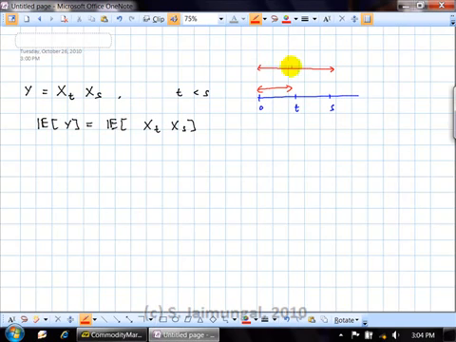Exactly. So think of x at s as built up of those two increments, from 0 to t and then t to s. It clearly is equal to those. And now I can use the independence of the second increment from the first, and use the distributional property of x at little t itself. So this is equal to x_t times (x_t plus x_s minus x_t).